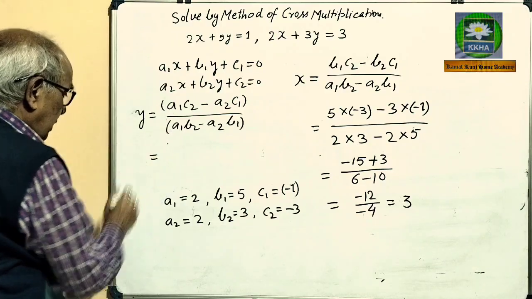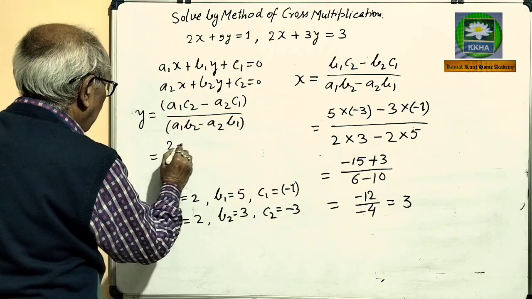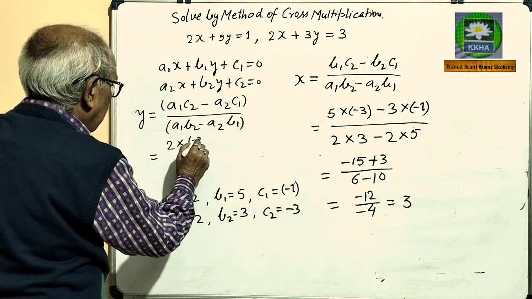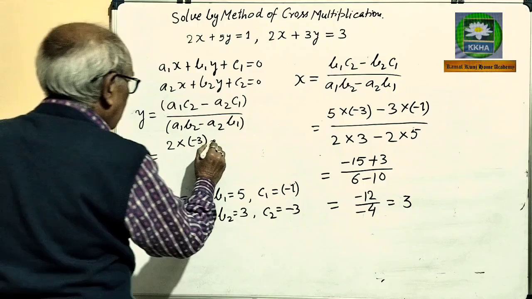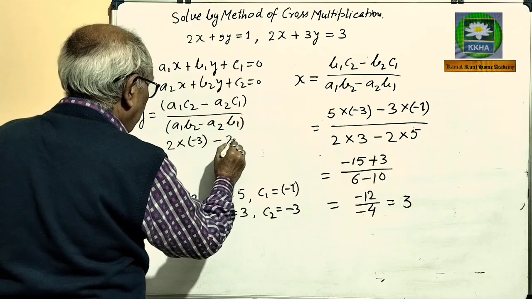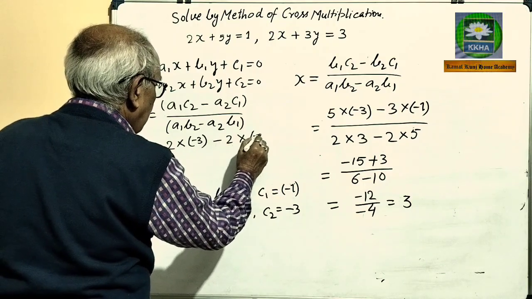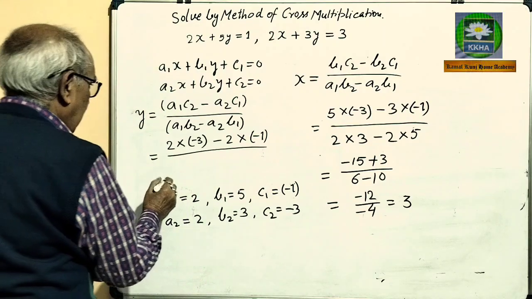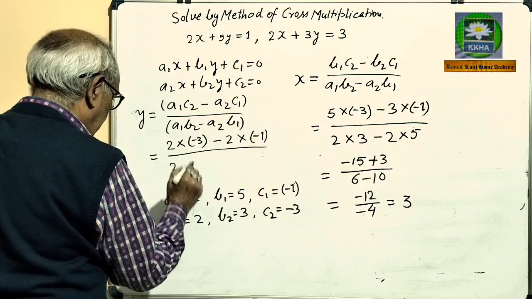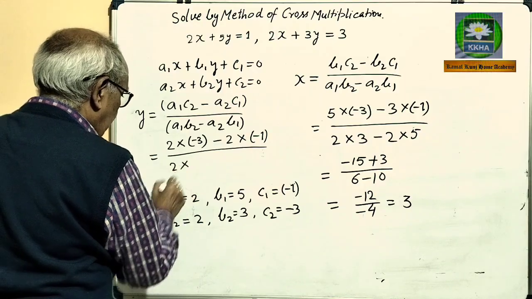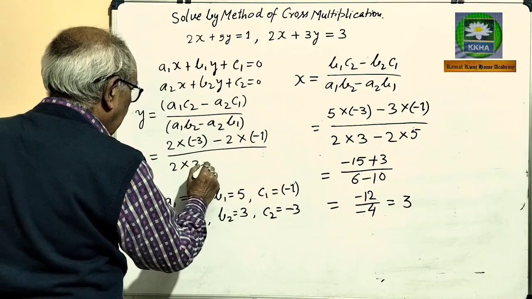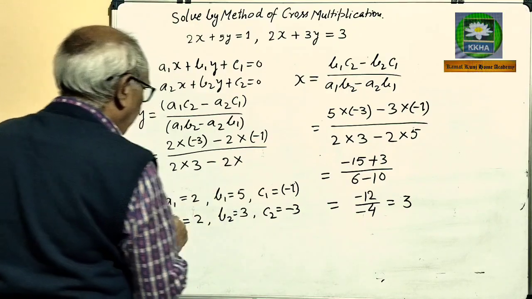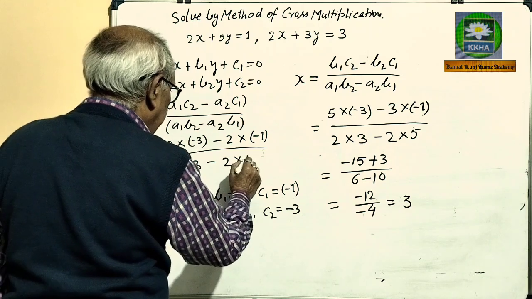Now here a1 is 2 and c2 is minus 3, minus a2 is 2 multiplied by c1 is minus 1, divided by a1 is 2 and b2 is 3, minus a2 is 2 multiplied by b1 is 5.